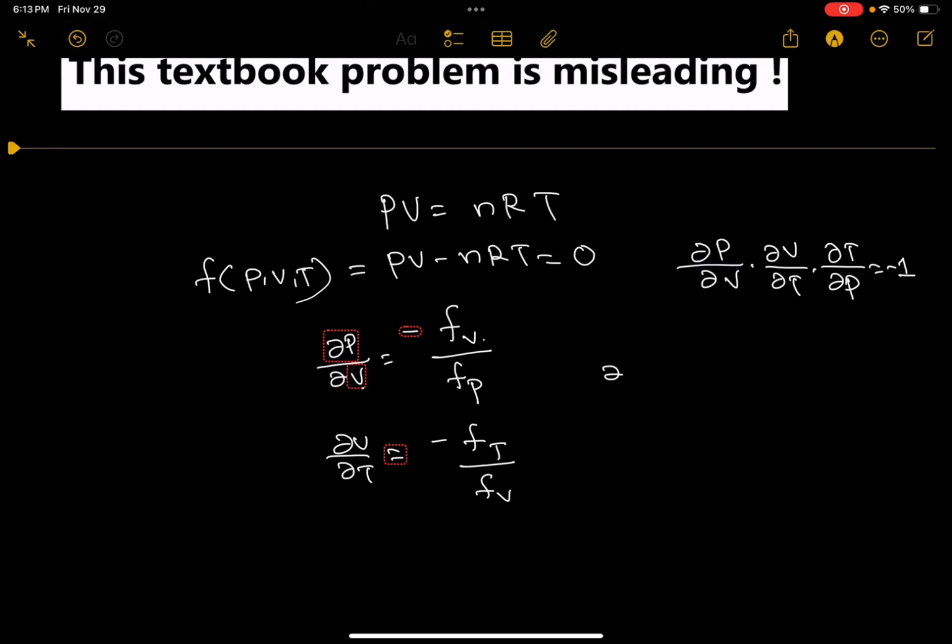Again, partial T by partial P will be the negative of the partial derivative of the function with respect to P, by the partial derivative with respect to T.